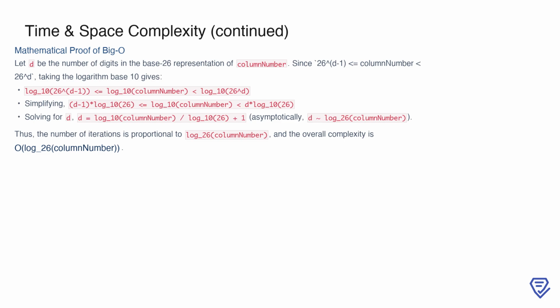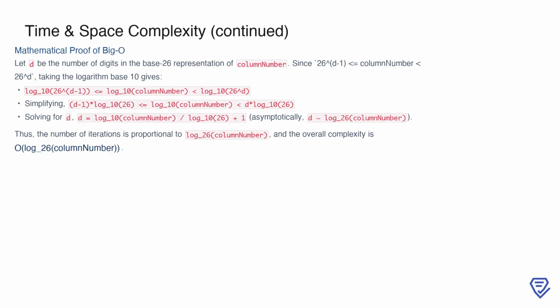Simplifying further, we find that d is approximately equal to log_10, column number, divided by log_10, 26, plus 1. Asymptotically, d is proportional to log_26, column number. Since the number of iterations in the loop corresponds to d, the time complexity of the function is log_26, column number.